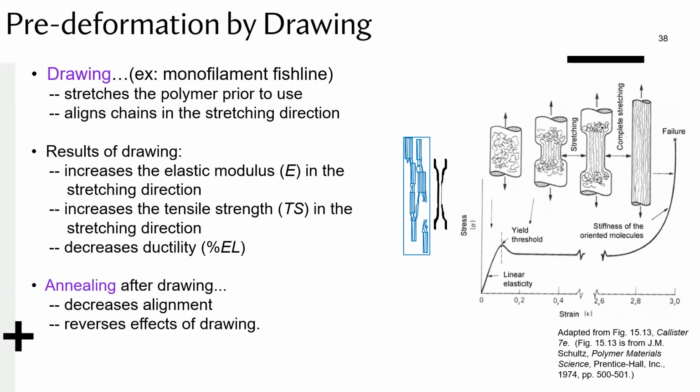What it does is heat it up and reduce this alignment. Although it reverses some of that, it kind of finalizes that material. Sometimes you need some relaxation, but sometimes you don't do this process. So what it does is basically the opposite of what you do in drawing. It takes away that alignment and it actually reverses drawing.